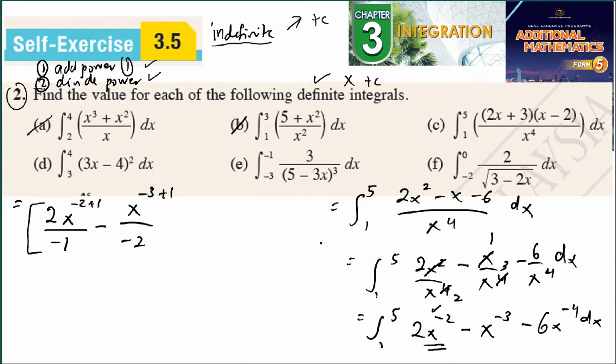And then you have minus here 6x to the power -4, so you add -4 plus 1, we get -3. So you close it back, and then you have done the integration, right?